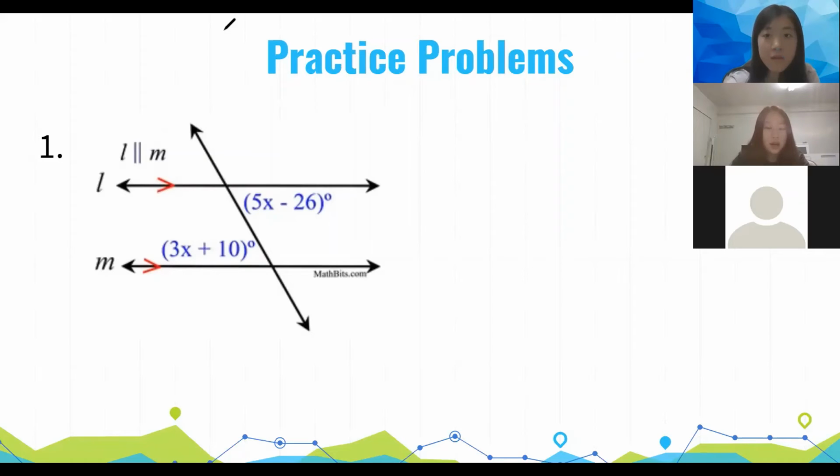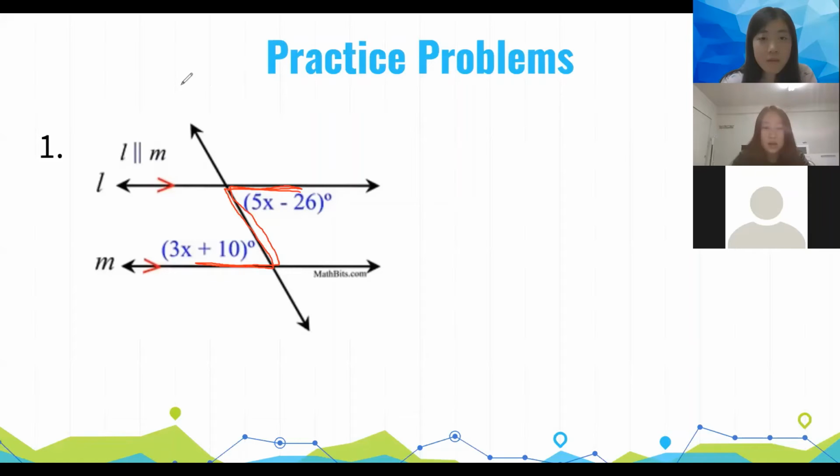Actually, it's not that. If you look closely, they are alternate interior angles because they are inside of the lines. So basically that means that they are the same angles. They have the same degrees.